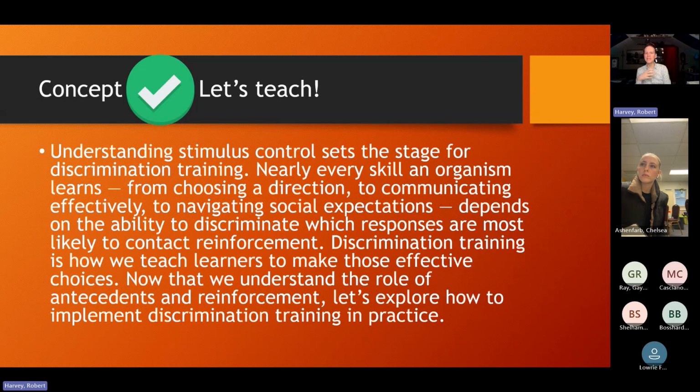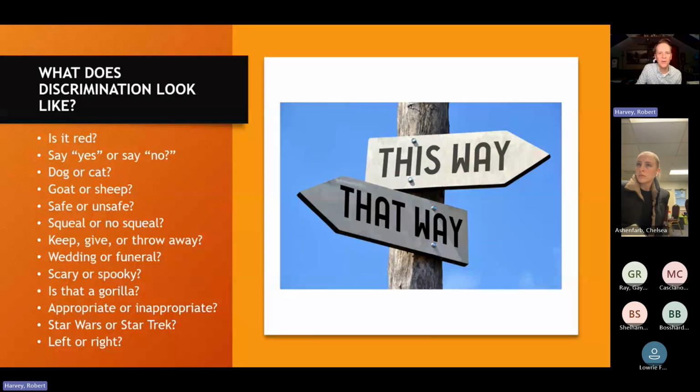And the ability to do basically anything correctly involves strong stimulus control so that you can discriminate, right? This is how discrimination training works: we take stimulus control and make it strong so that they're choosing the right thing in these circumstances. So that's why we spent the first 37 minutes talking about that.